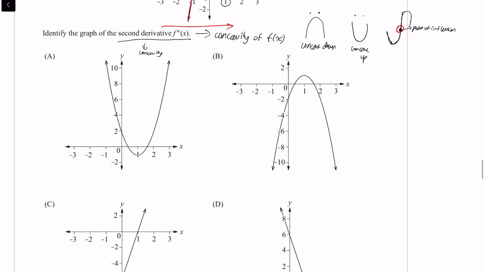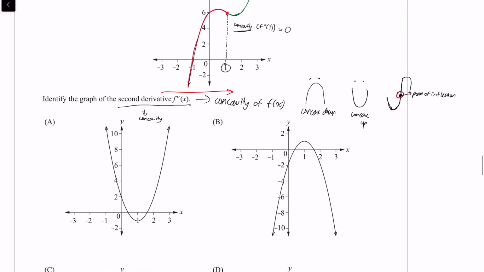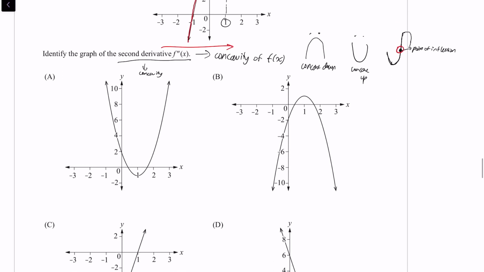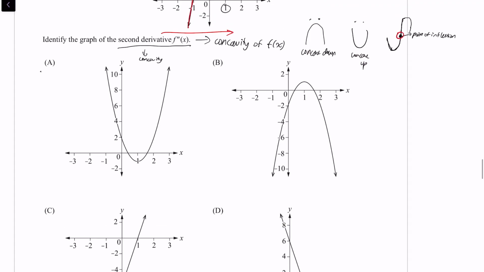So let's see. We can immediately cross out a and b, because those are not points where y equals 0 at x equals 1 on that graph. In order for y to equal 0 at x equals 1, the graph will need to cross this point here.